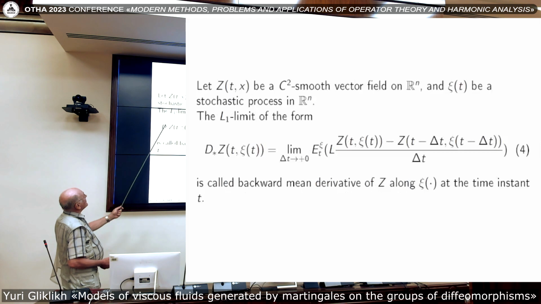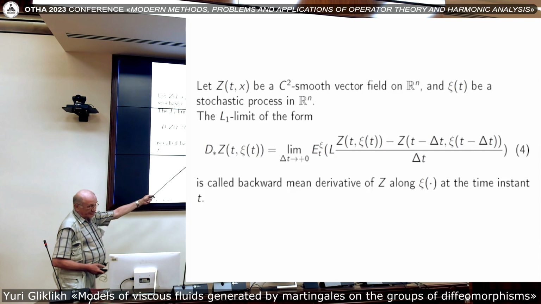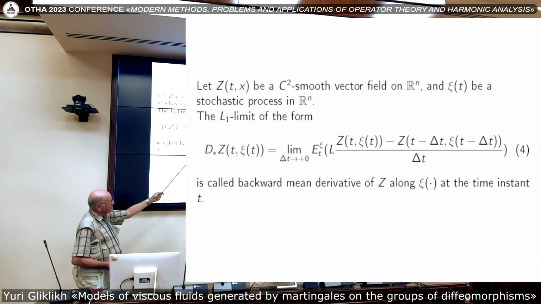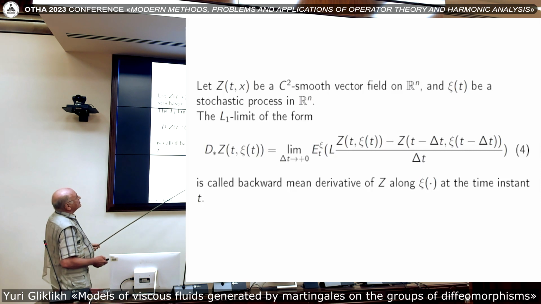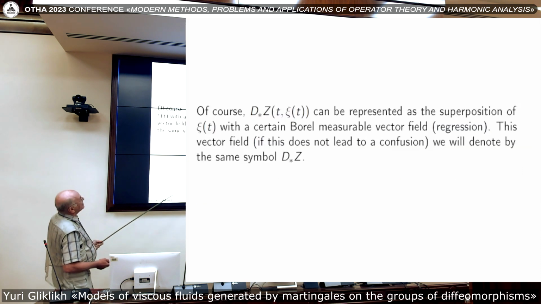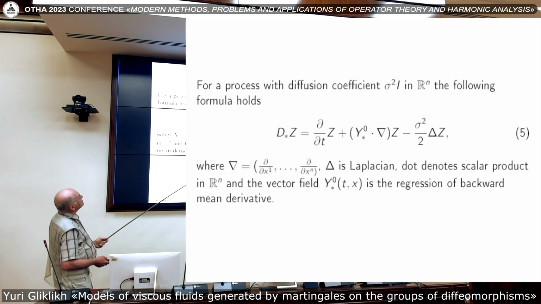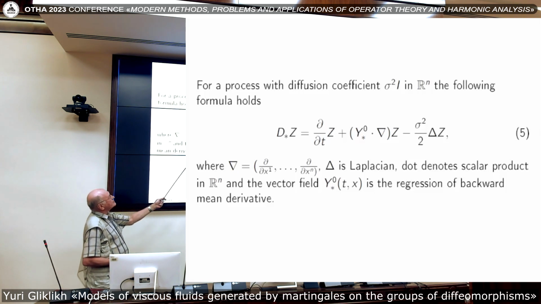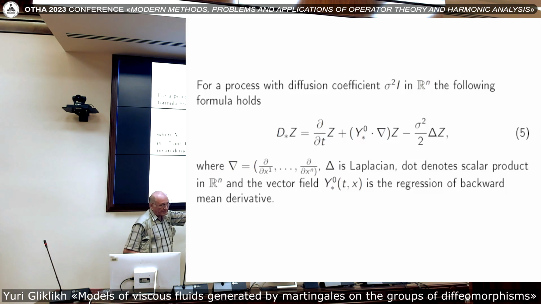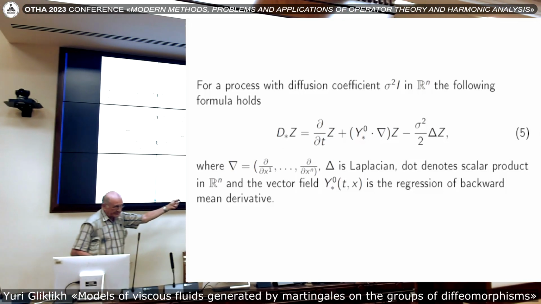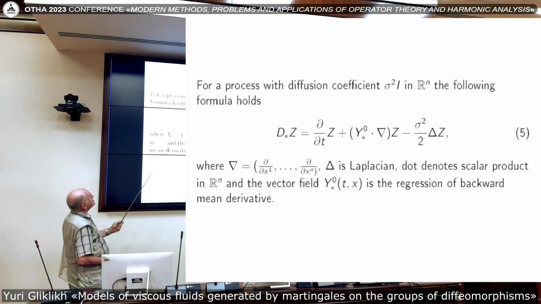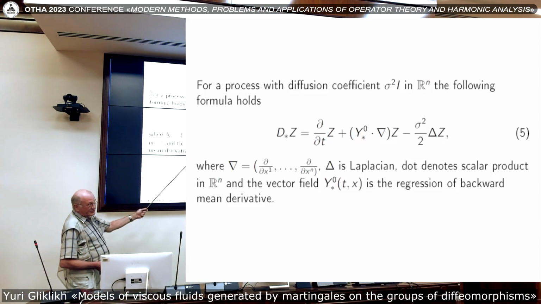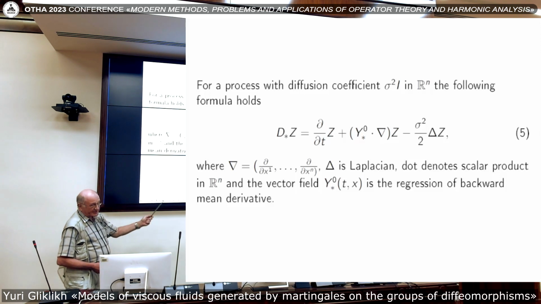Then backward mean derivatives of a vector field along a process. You see, the same idea with conditional expectation. Then the second mean derivative. This is the regression of the backward mean derivative, and it has the following form. It's a formula by Nelson, where nabla is as usual and delta is the Laplacian.